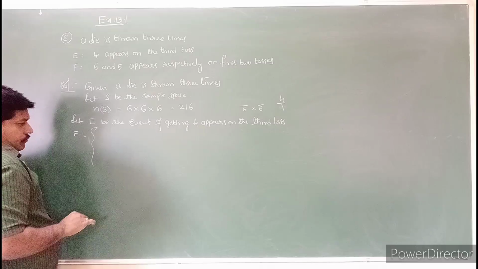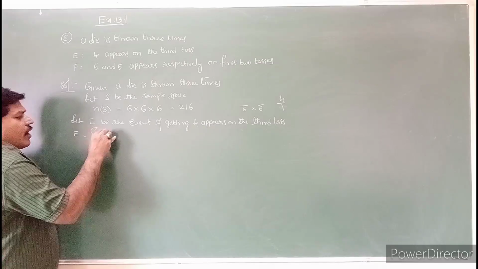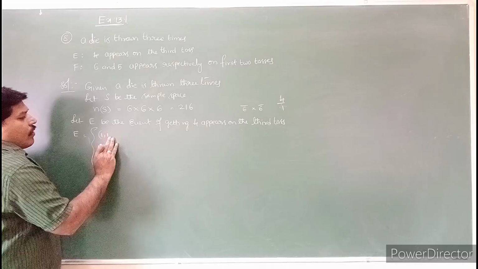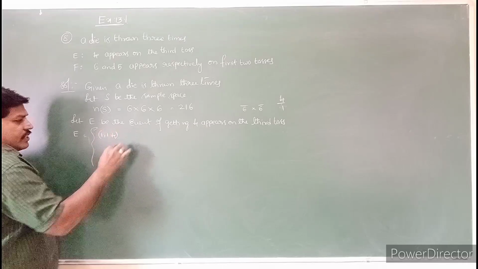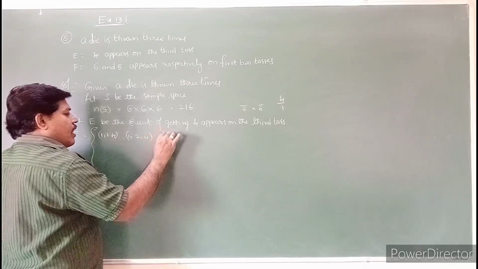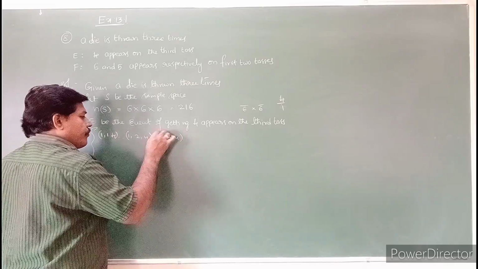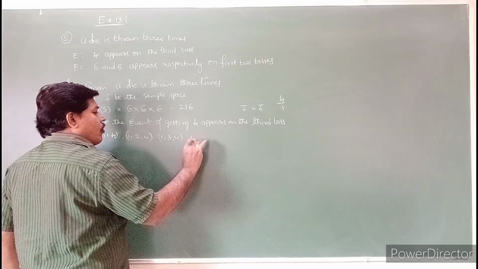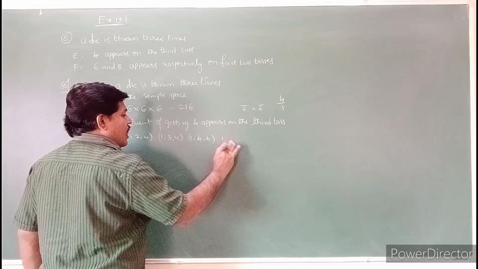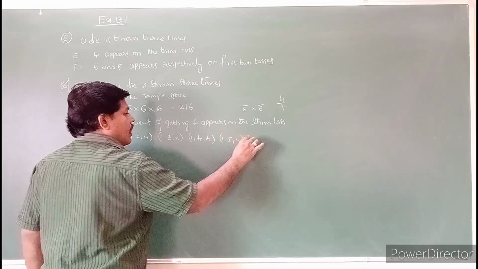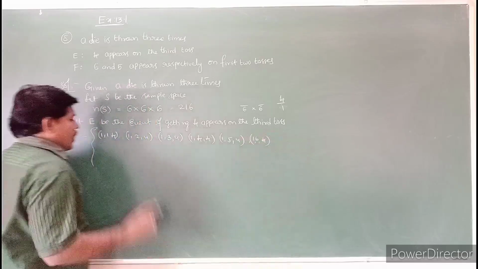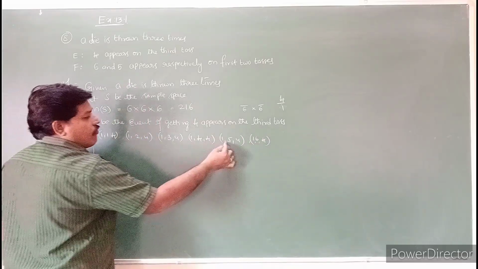1 comma 1 comma 4, next 1 comma 2 comma 4, next 1 comma 3 comma 4, next 1 comma 4 comma 4, 1 comma 5 comma 4, and 1 comma 6 comma 4.